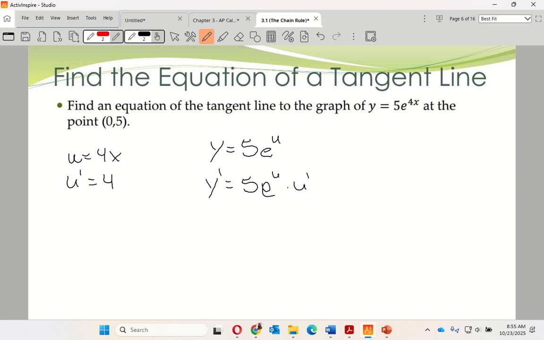So rewriting it, y prime is equal to 5 e to the 4x times 4. So y prime is 20 e to the 4x. There we go, so I have the derivative.